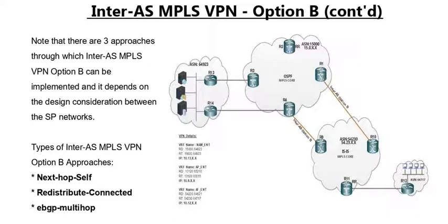This makes sure that the ASBR will replace whatever is coming as the source of that prefix with its own IP that needs to pair with the internal router. In this scenario, you will find out that the ASBRs in the service provider network have to pair with the route reflector and specify that whatever is sent to you, use me as the next hop. That is the essence of this.